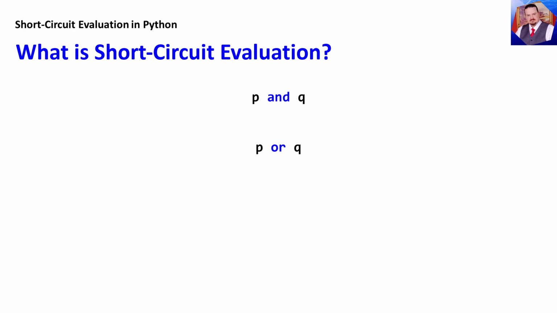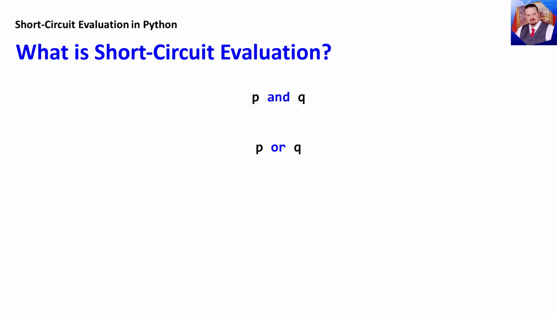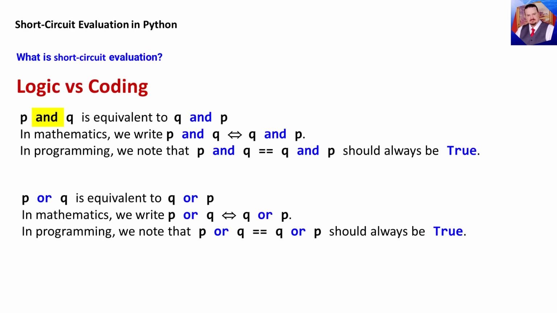Short circuit evaluation is a technique where the second argument, the right-hand argument, does not get executed or evaluated unless the first argument, the left-hand argument, did not determine the result of the Boolean expression. We have two Boolean operators to consider, both of which support short circuit evaluation: the AND operator and the OR operator.